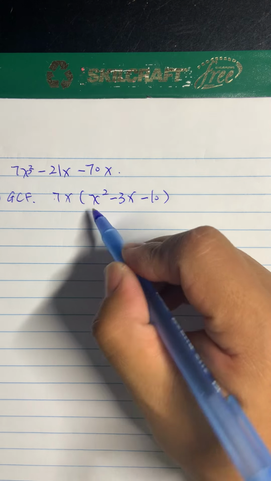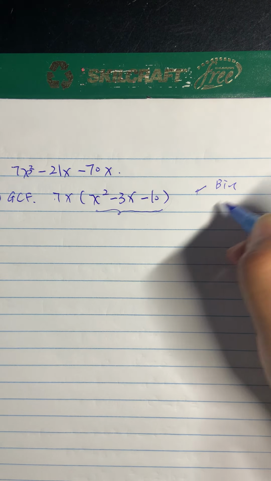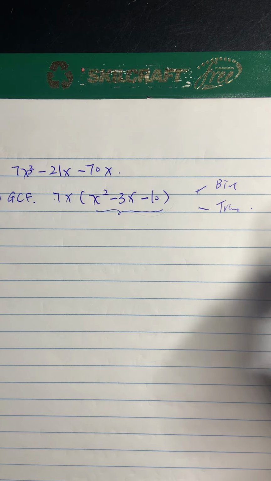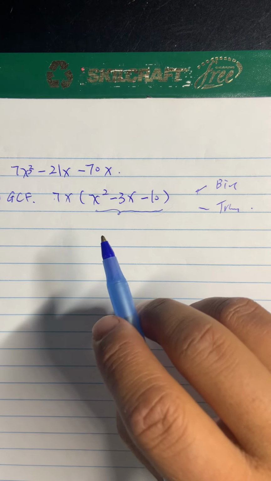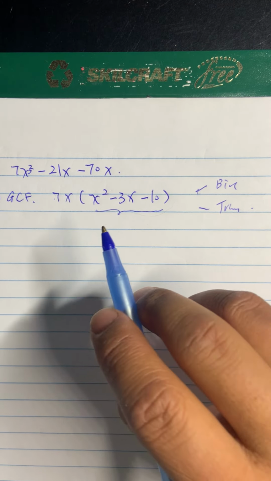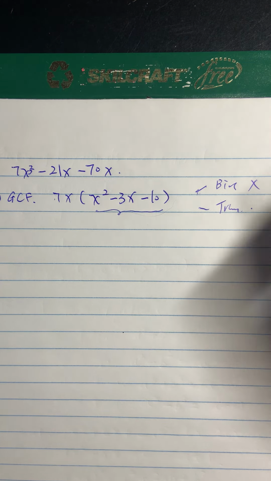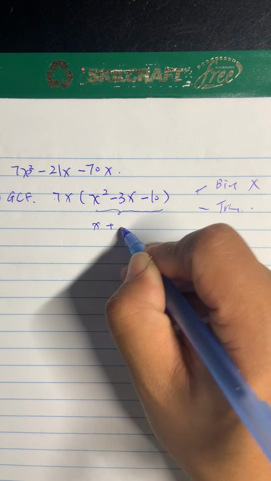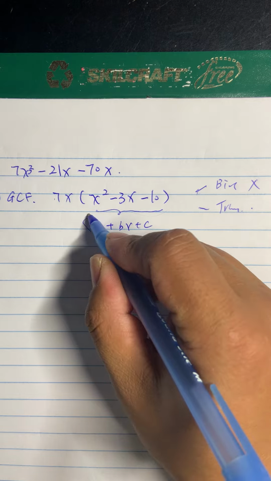For the second line we use the trinomial method. We see they are normal: there is no square coefficient, no cube. So we choose the trinomial. Remember, we have x squared plus bx plus c, so it looks like the same one.